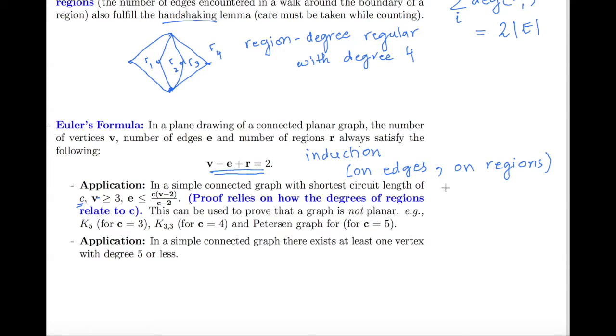So this means that the shortest circuit length is usually equal to the shortest degree of regions, or minimum degree of regions.